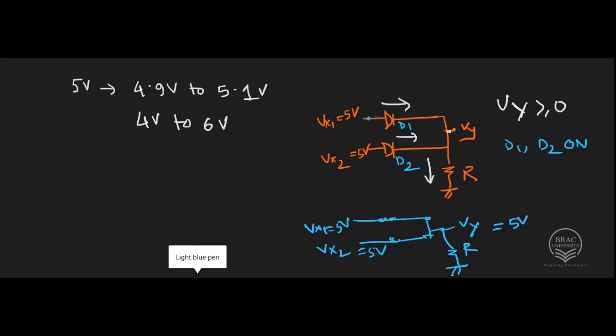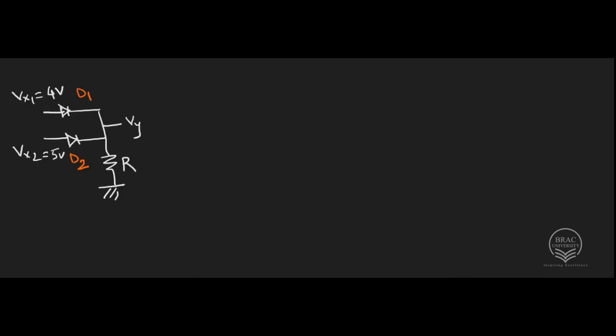Now what will happen if this point has a value 4 volt instead of 5 volt? If suppose this has a value of 4 volt, will the circuit behave in the same way? Let's find out. Now let's consider the circuit where Vx1 has value of 4 volt and Vx2 is 5 volt.